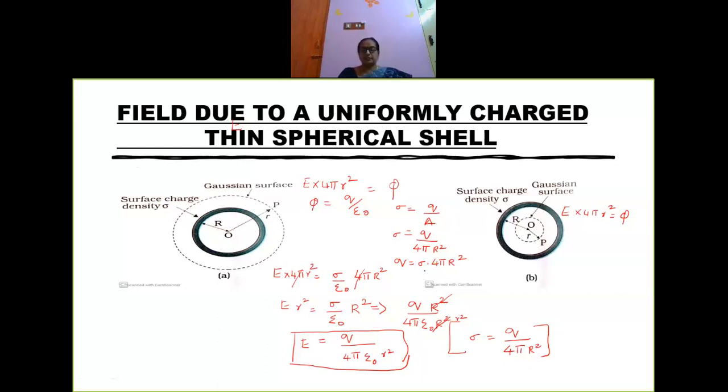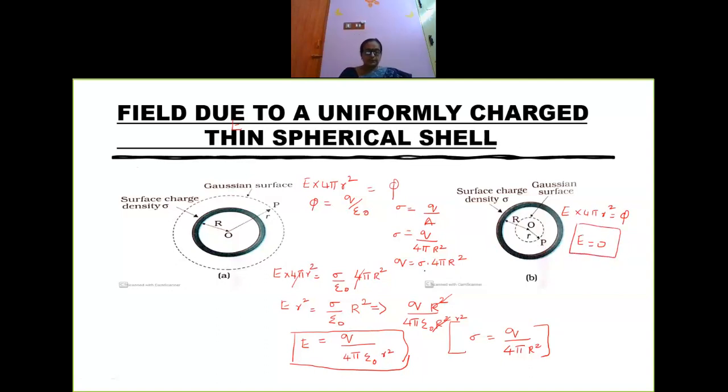The field due to a uniformly charged thin shell is 0 at all points inside the shell. So there is no flux inside the shell, so we can consider the electric field to be 0 in this case.